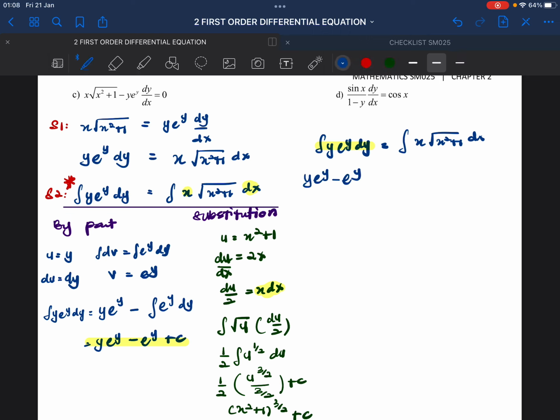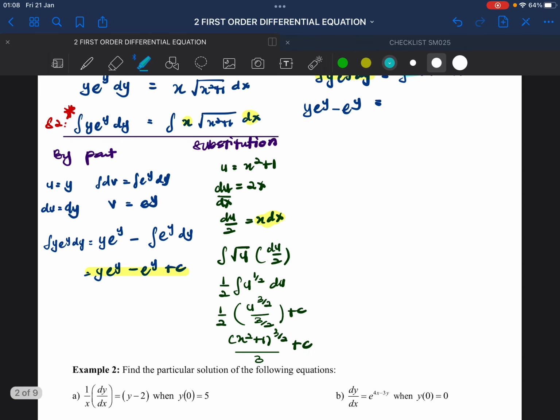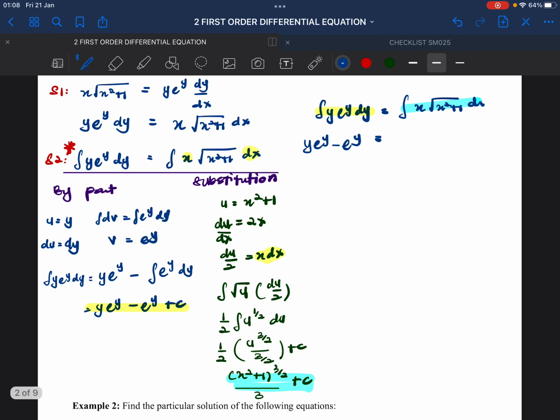Just ignore the plus c, as the plus c is put on the right-hand side only. And the answer for this one is this one here. Okay, include the plus c. We have x squared plus 1 to the power of 3/2 over 3 plus c. Okay, that's it. Very easy.